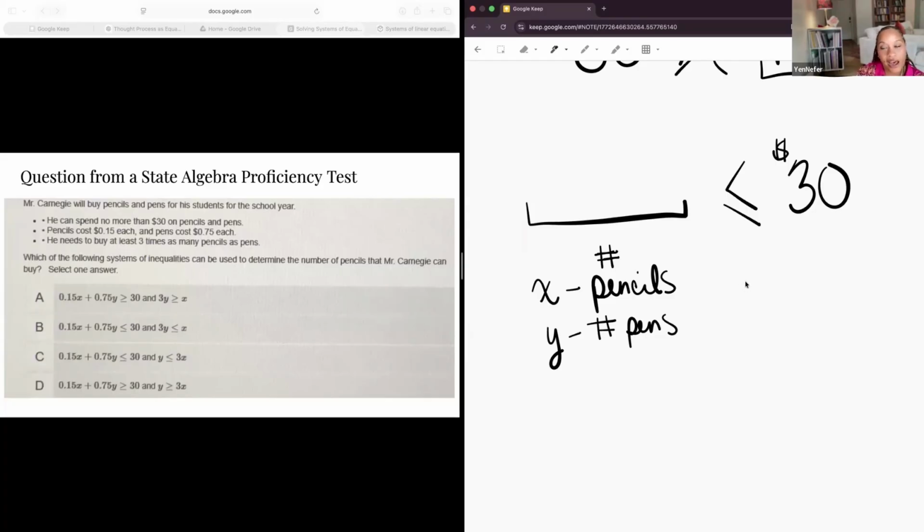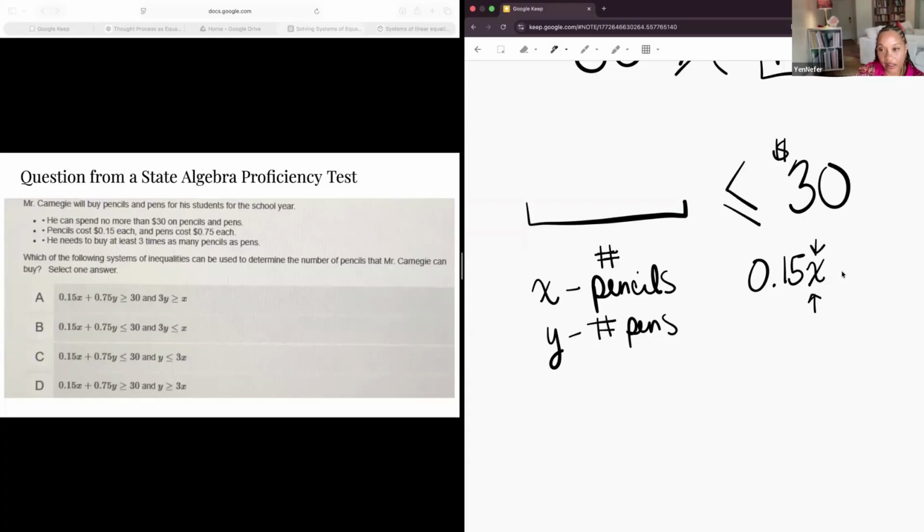But how do we show that for multiple pencils, multiple pens? Multiplication. So what that looks like is 15 cents times X. So here, this makes it so we can insert how many pencils he decides to buy.